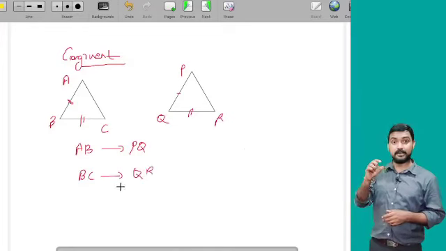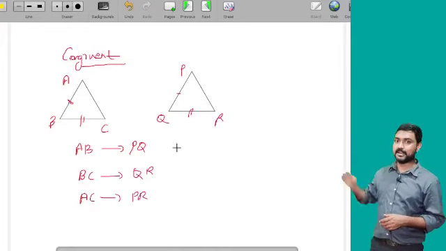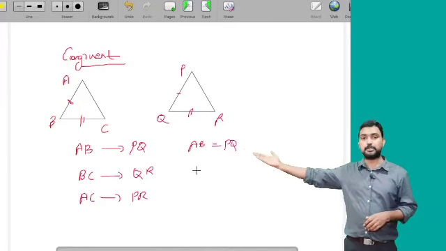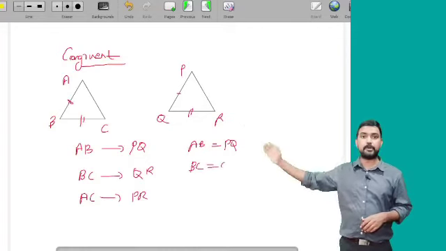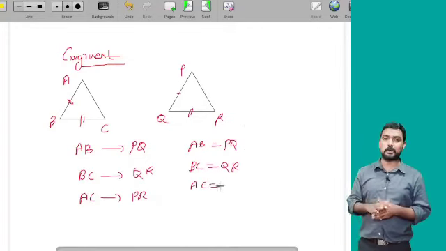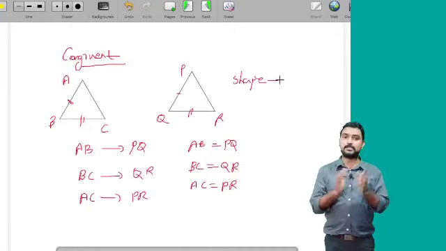So we can say that those which we compare are the corresponding sides. Here AB is corresponding to PQ, and BC is corresponding to QR, and AC is corresponding to PR. These three sides will be equal when they are congruent. So what does congruency of two triangles mean?